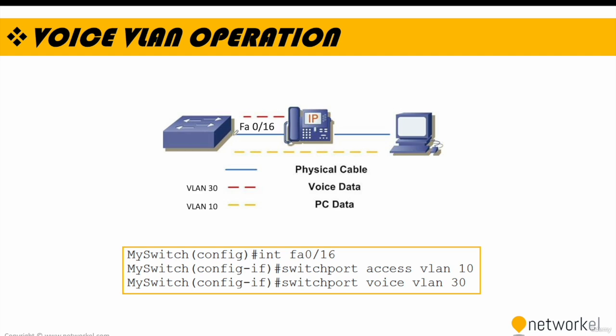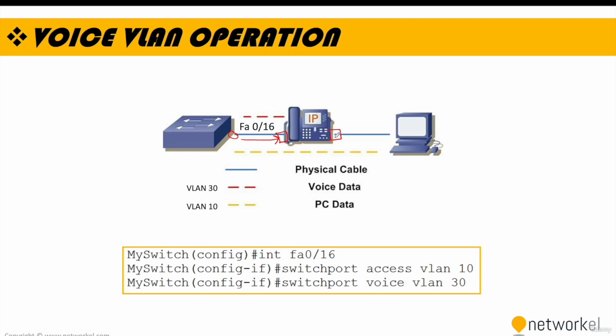Okay, so for example, there is one cable connected to this FastEthernet 0/16 port of this switch. Okay, this cable is coming to the IP phone. So the IP phone has one port that this cable is plugged into. Also, the IP phone has another port.